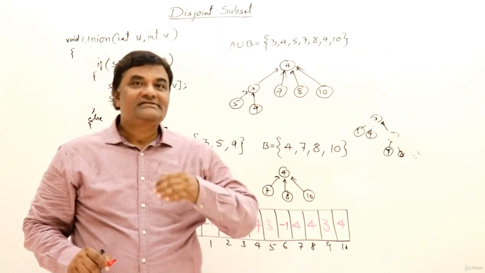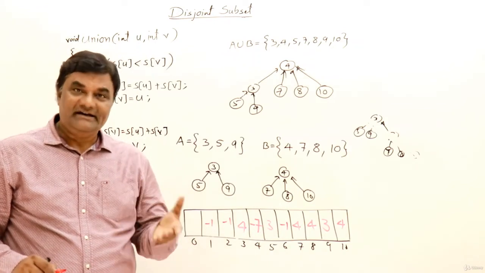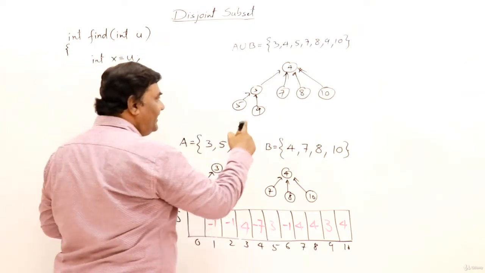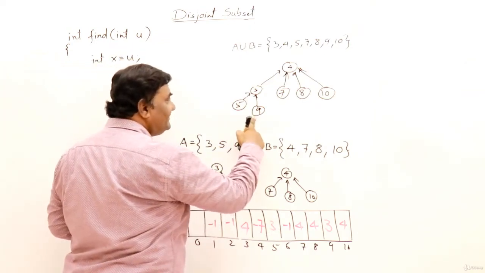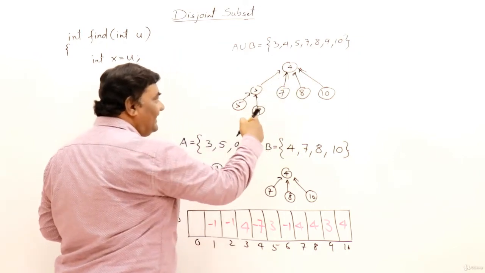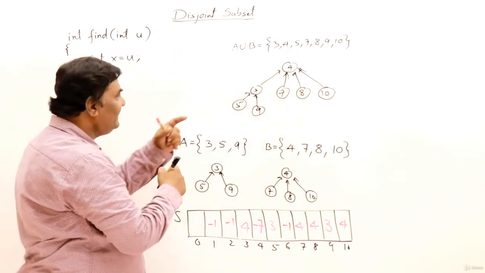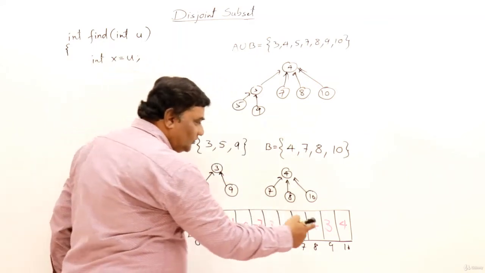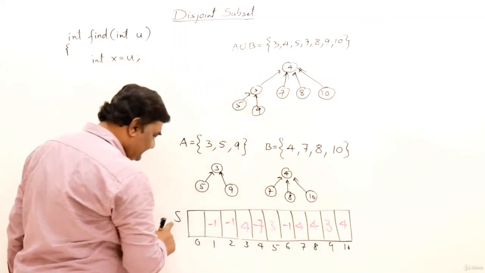Alright? So let us see this operation, how to find. For find I have written a function here. Find u. It means find 9, suppose. So the result should be 4 to show that 9 belongs to a set whose leader or parent is 4. So how to check it in an array? Go to 9, take s of 9.